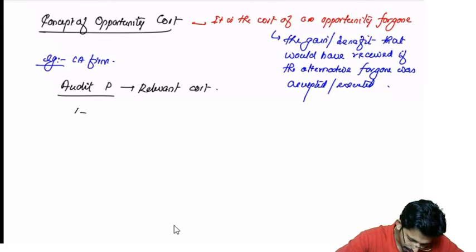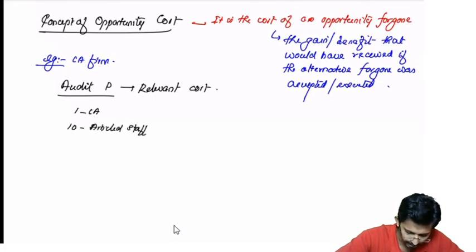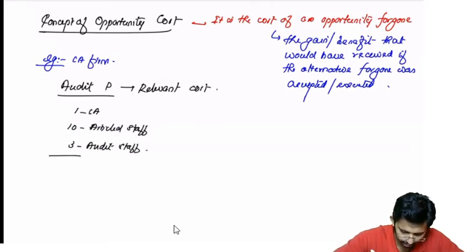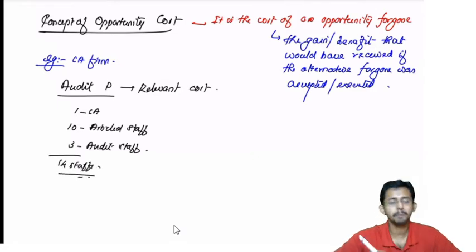You require the services of one chartered accountant, 10 article staff, and 3 audit staff. So in total you require 14 staff for executing audit P.